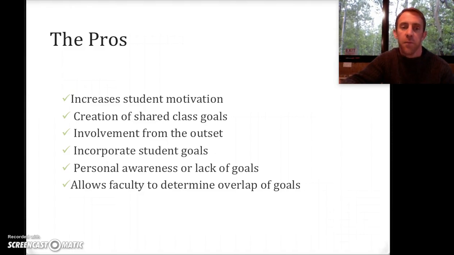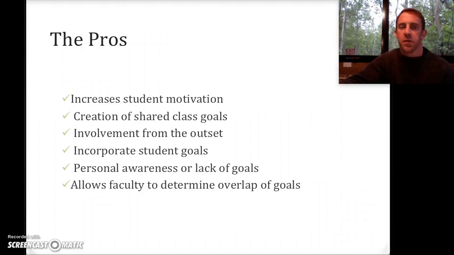You're creating involvement from the outset. So, like I said, if your learner feels like they're having an input into the course, then they feel involved with it, and it will increase that drive, that motivation for them to learn and be a part of that course. You incorporate the student goals.